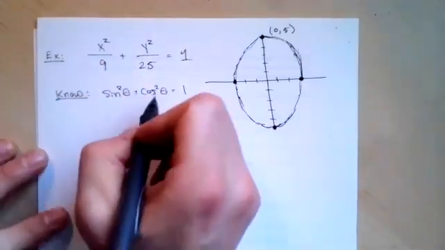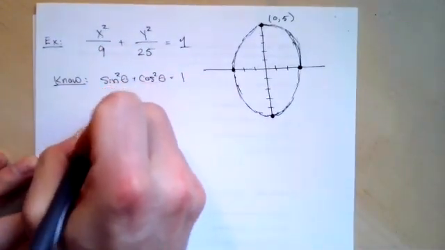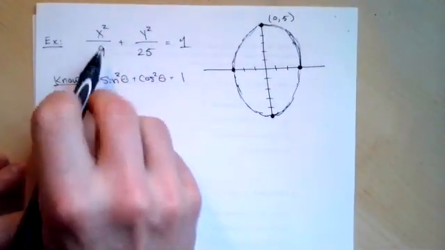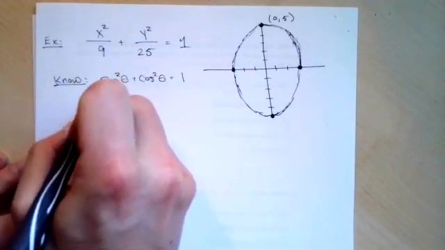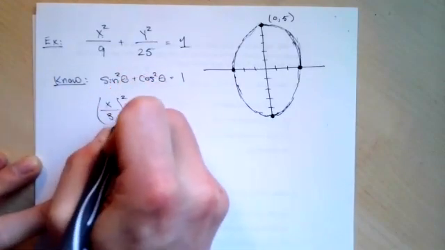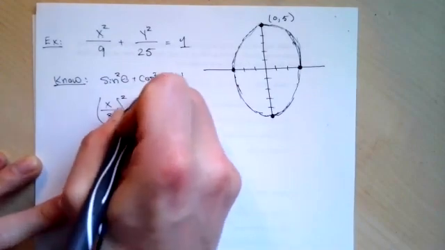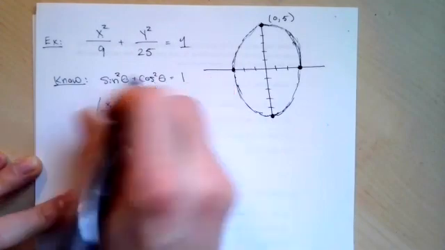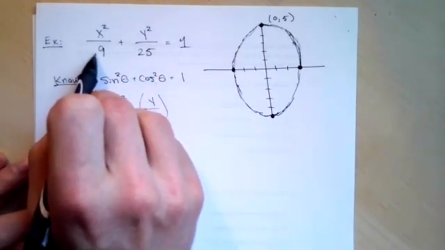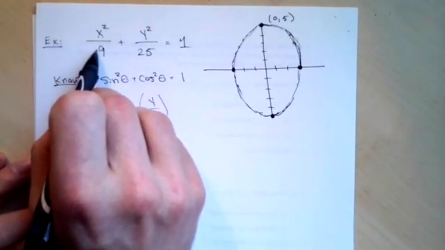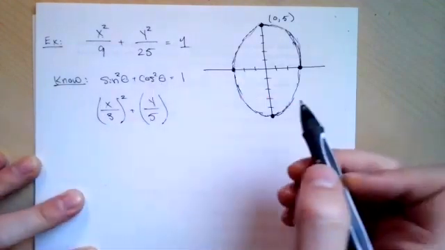So if we relook at our equation, we notice that the 9 and 25 are, nicely enough, squares of integers. Of course, they don't have to be nice squares. This could have been a 10 on the bottom, but 10 is still the square root of 10 squared.